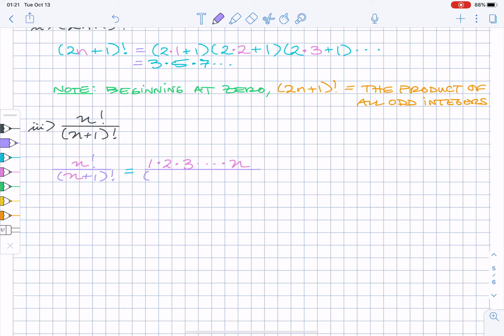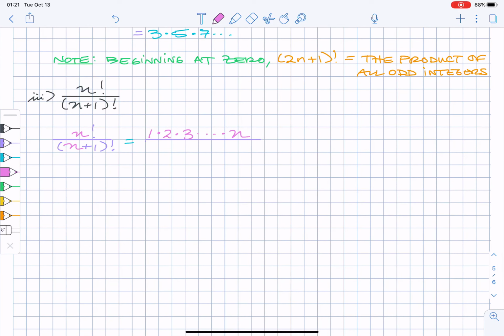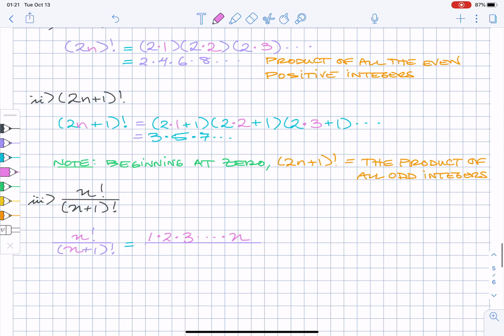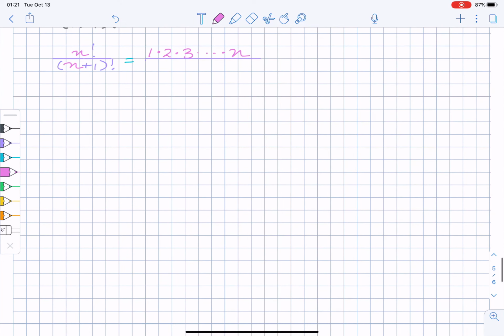Well, n plus 1 factorial just means all positive integers up to and including n plus 1. So we'll start with 1 times 2 times 3 times, well, I get to n, but then I have to go plus 1.